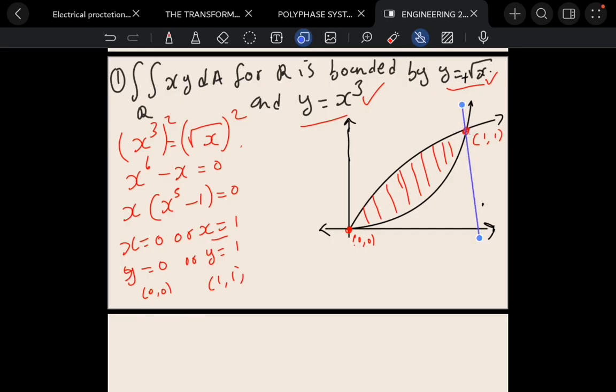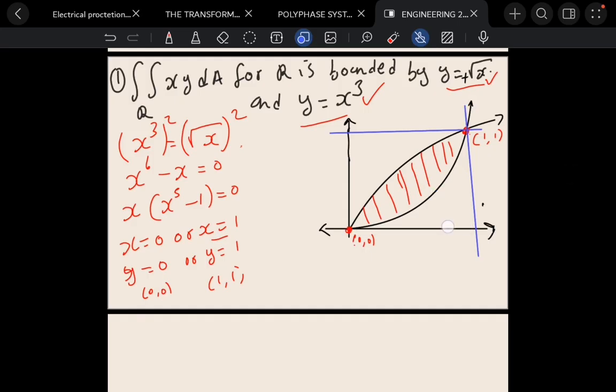Is that vertical line passing through this region here? No, it does not. And then there is a horizontal line also. When you draw it at the point of intersection, is it going through this region? No, it does not divide that region, right? So we are done with that point.